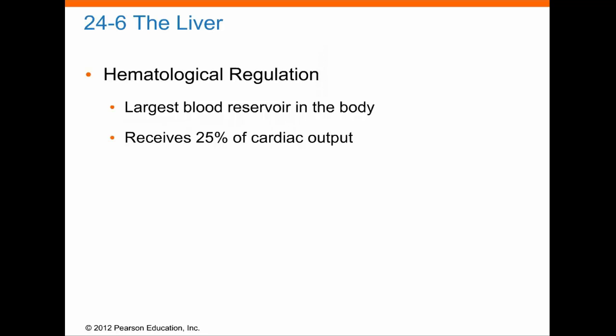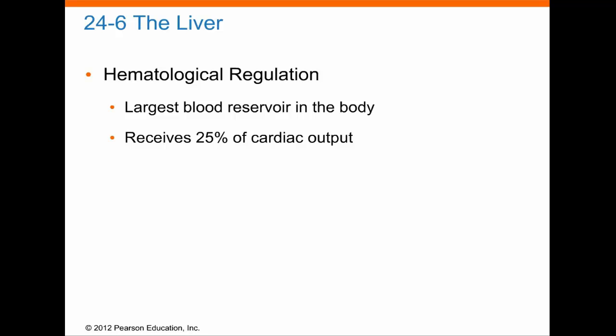Hematological regulation. It's the largest blood reservoir in the body. So if you're looking after a patient with a suspected traumatic injury, when you think about people in motor vehicle accidents, if they're sitting as the passenger who has a seatbelt coming from their left shoulder and buckling up on the right hand side, then if they're involved in a sudden impact, that sash from the seatbelt can be involved in lacerating the liver in an internal injury.